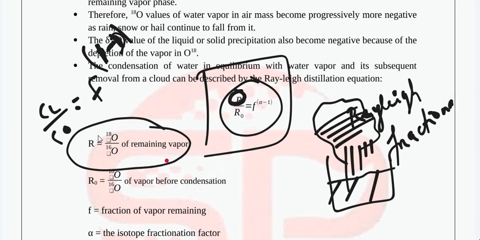D minus 1, 1 minus F. Whenever it is F, it is 1 minus F, because F is a fraction. F is always subtracted from 1. D is not a fraction, so 1 is always subtracted from D. I have memorized it like that.